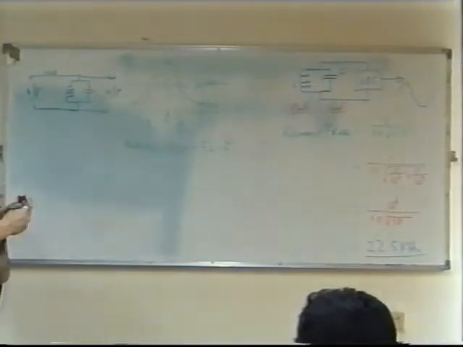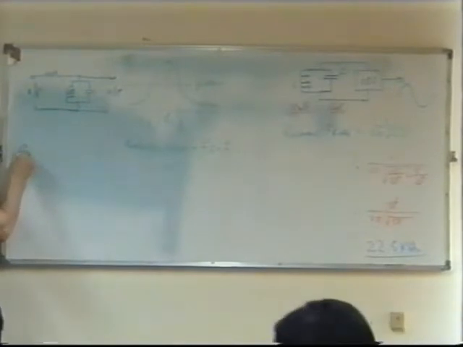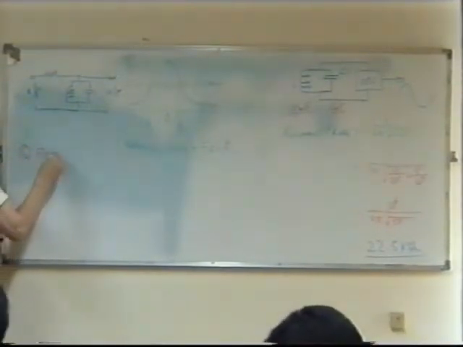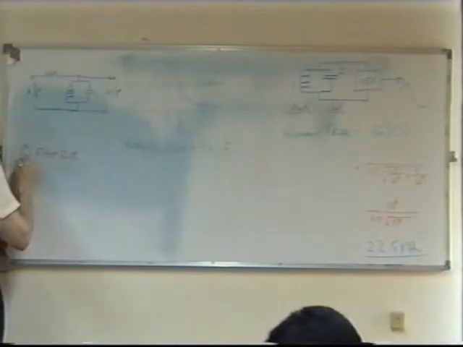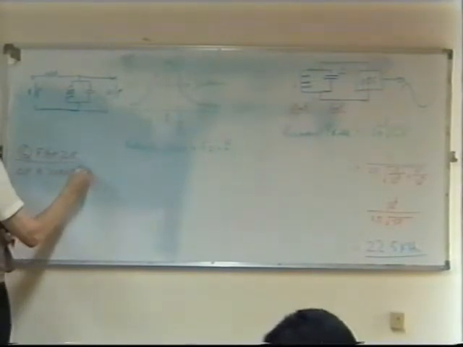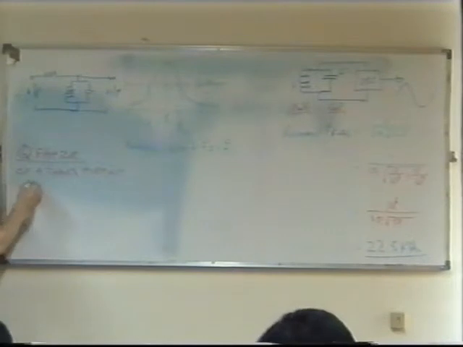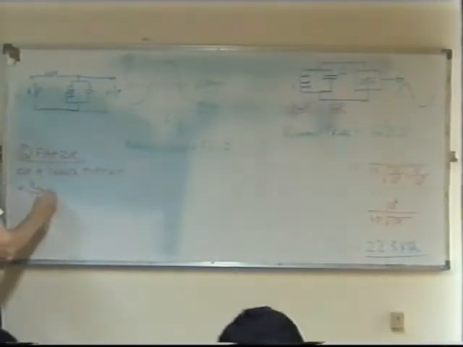Okay, now what I'm going to talk about today is something called Q factor. We can talk about the Q factor of a tuned circuit or resonant circuit, and it is actually equal to XL divided by R. Parallel or series?